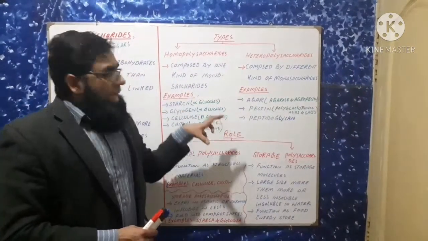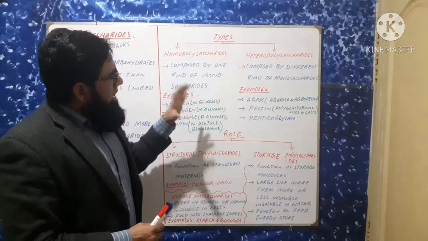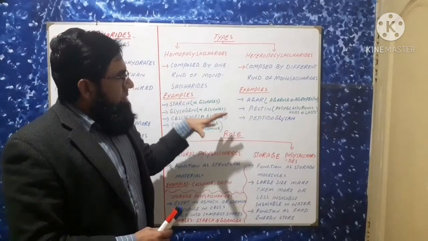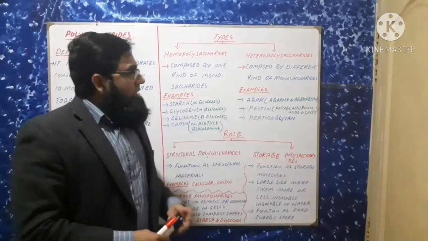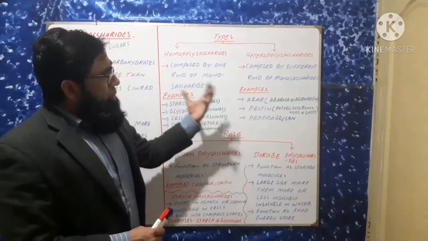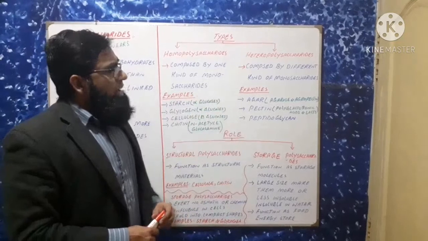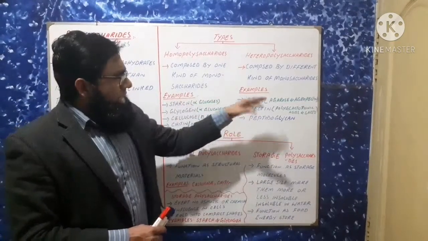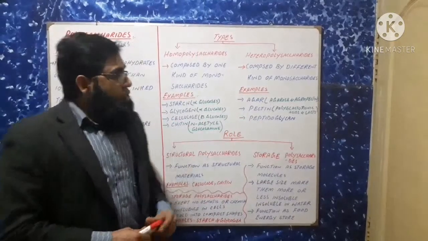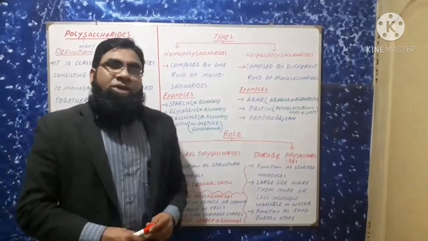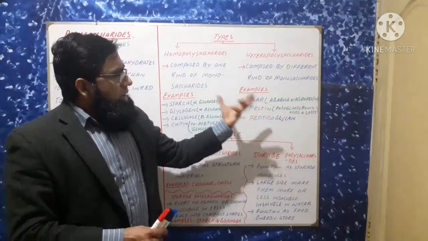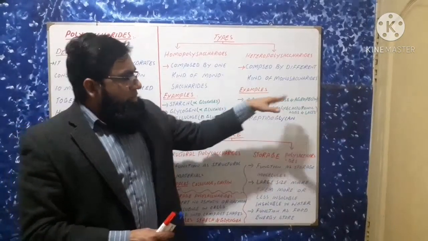And let's take some examples of heteropolysaccharides. Heteropolysaccharides include agar, pectin, and peptidoglycan. Agar is a heteropolysaccharide which is made up of agarose and agaropectin. Agarose and agaropectin are also polysaccharides which are made up of further units, different types of units.